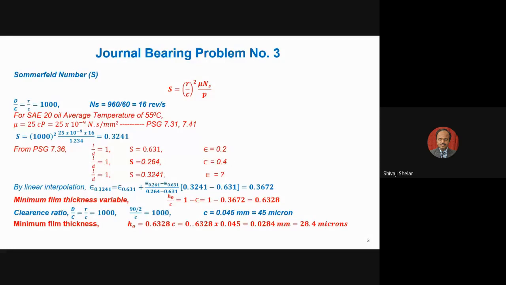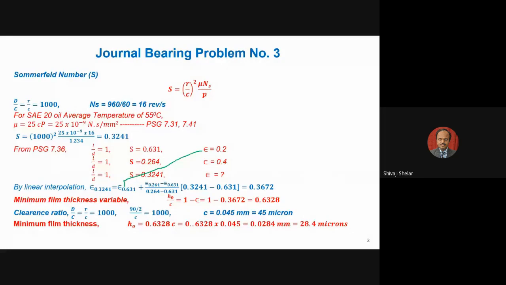We require the eccentricity ratio corresponding to the Sommerfeld number of 0.3241. So I am starting with a Sommerfeld number of 0.631, where the eccentricity ratio is 0.2. This value will be put here.